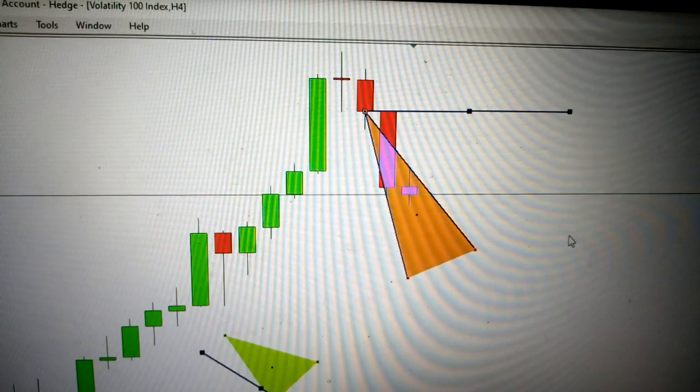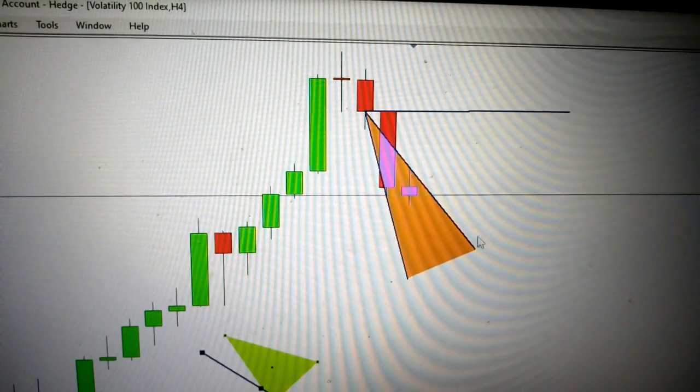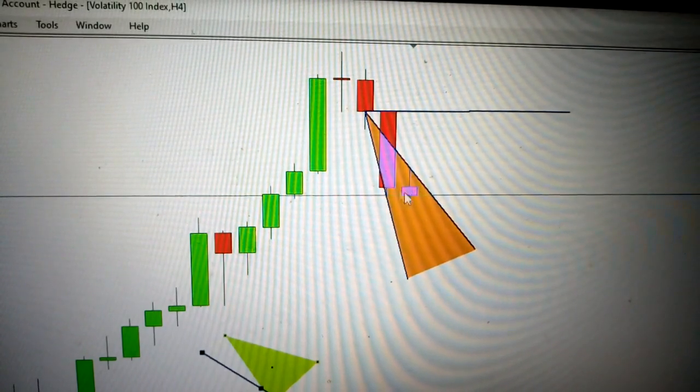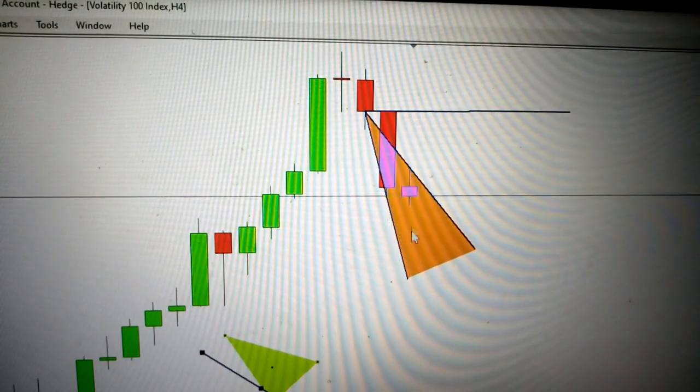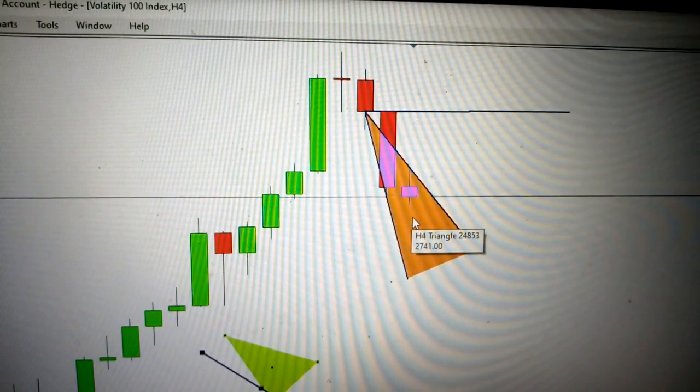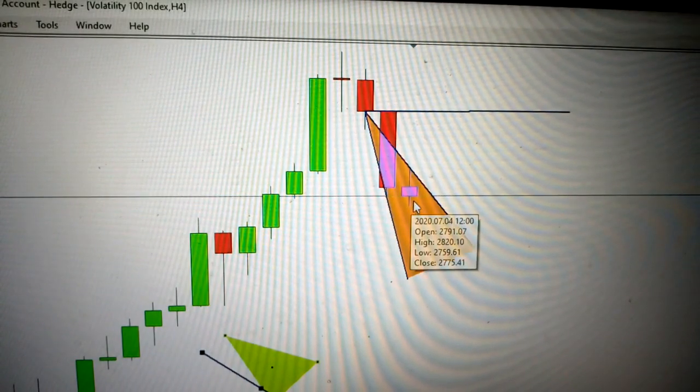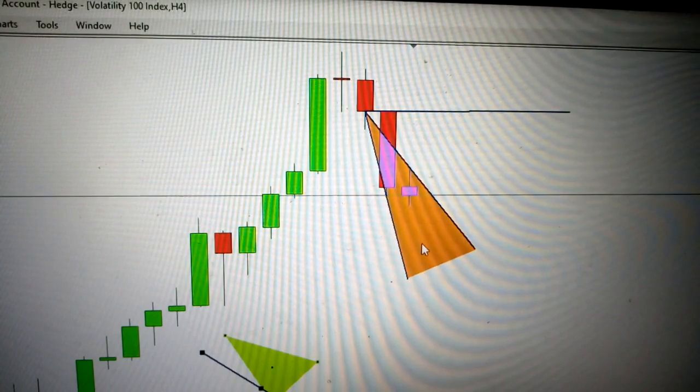So with this strategy, what we will do is to see if this current bearish candle will close within this shape. If it closes within this shape, the next candle we will expect it to be a bearish candle.